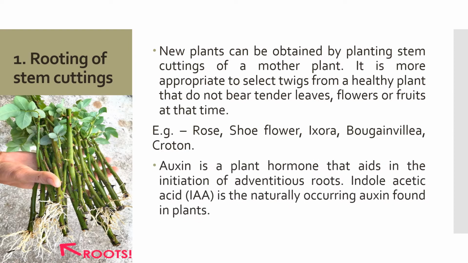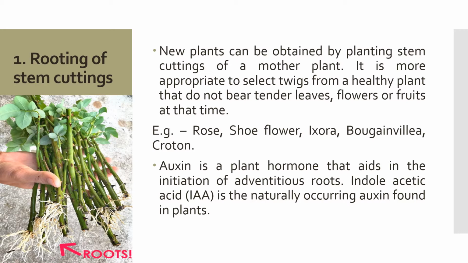and plant them in a separate place to obtain a new plant. Under the lesson of hormones in grade 9, you have learned that auxin is the hormone that is responsible for enhancing root growth in plants. So here also we can apply auxin from outside to speed up the growth of roots from this stem cutting.